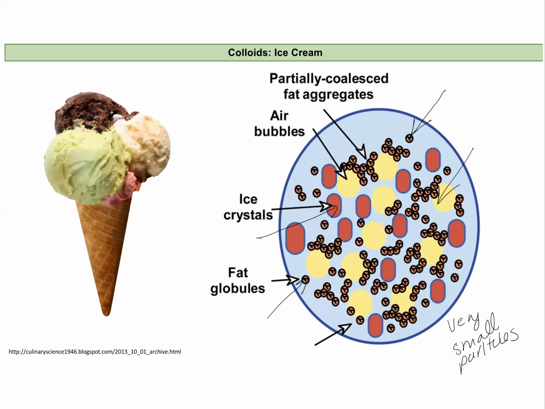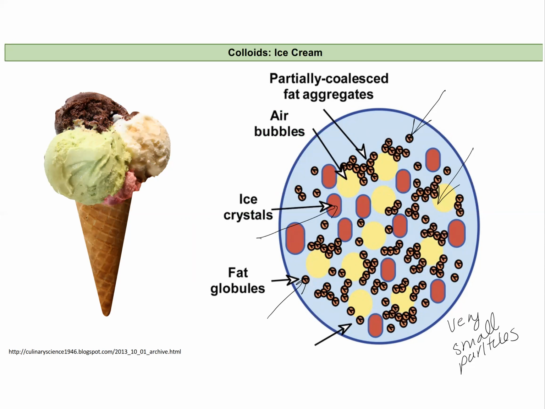And so it's not actually a solution, even though to our eyes, it looks like a perfectly homogeneous mixture if you're looking at something that is flavor without any additional add-ons. Like mint chocolate chip is not a solution or a colloid. It's very, but that's looking at the chocolate chunks in it.